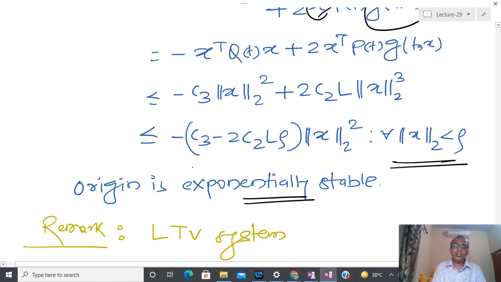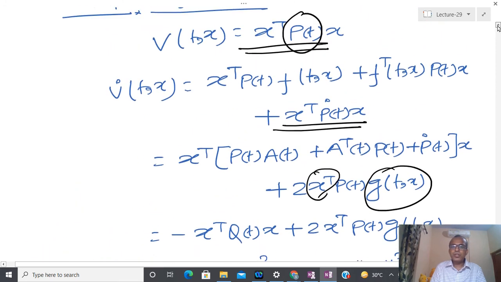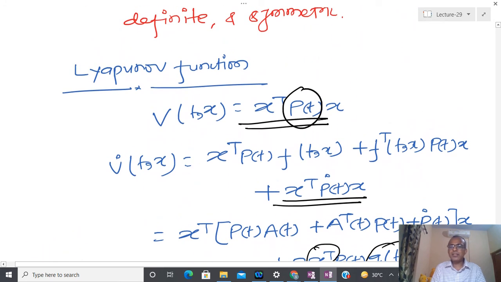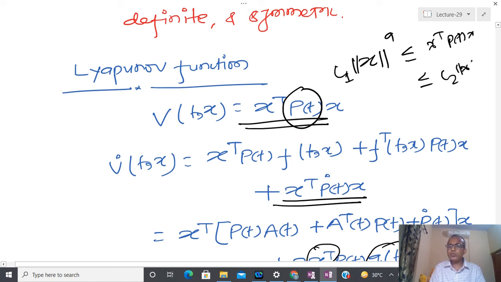Why exponentially stable? It is possible to show that if you take this kind of Lyapunov function, it is bounded by this inequality. I already know that this is bounded by the norm of x to the power 2 and some constant. You can define c1, and you can decide what your c1 is, because if P(t) is constant, then I can tell the exact value of c1, and c2 times the norm of x squared.